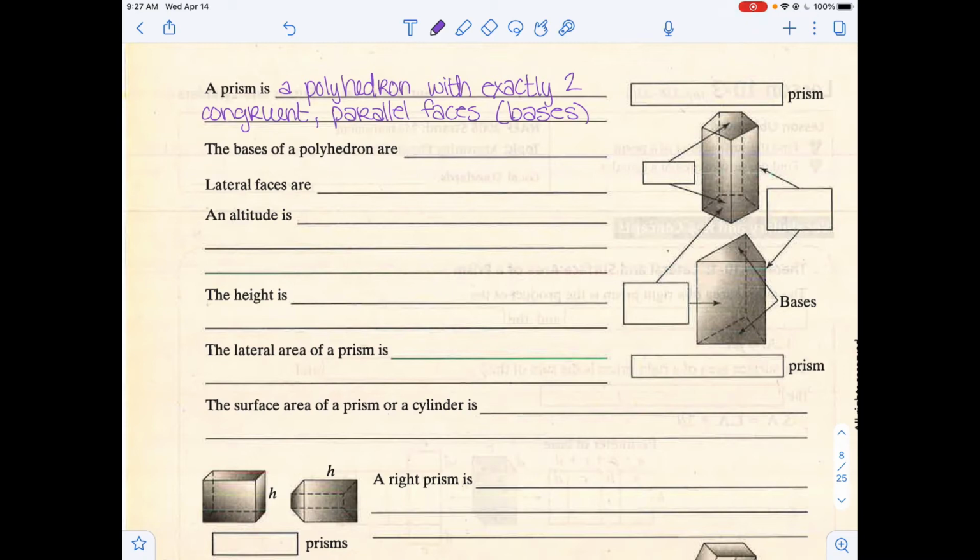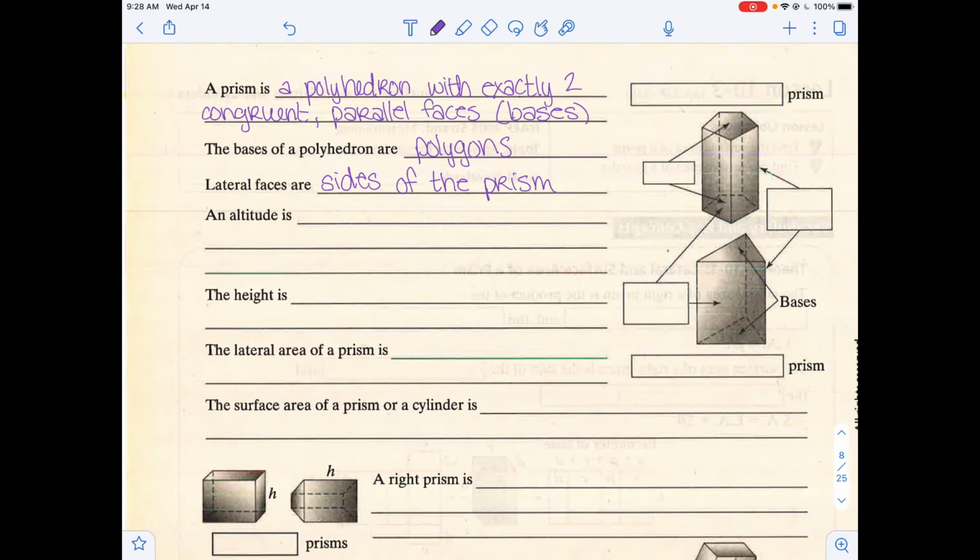Okay, the bases of a polyhedron are polygons. Lateral faces are the sides of the prism. Okay, lateral means sides. So like on a rectangular prism, you would have the two sides that are exactly the same, and then kind of the parts that connect those two bases. Those would be the lateral faces.